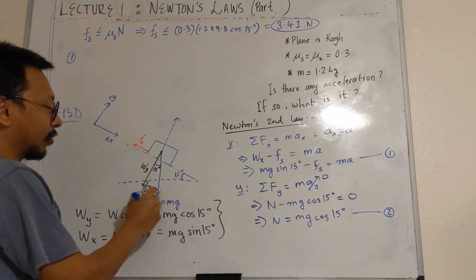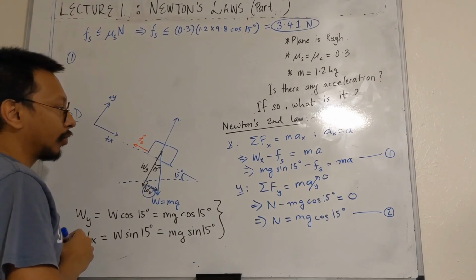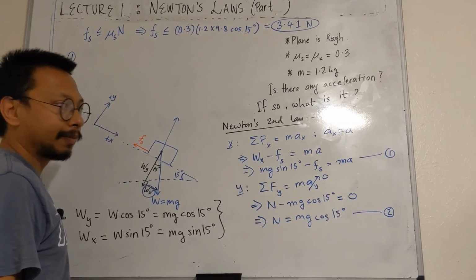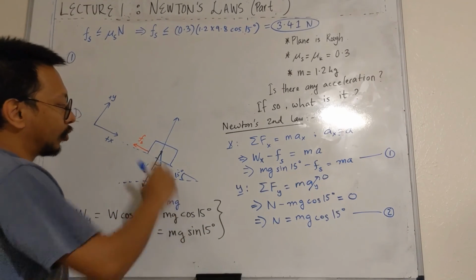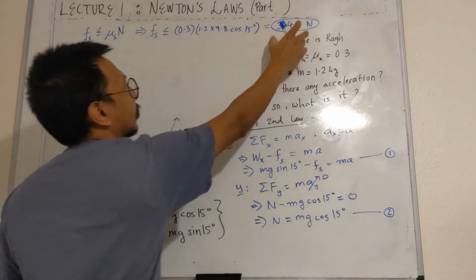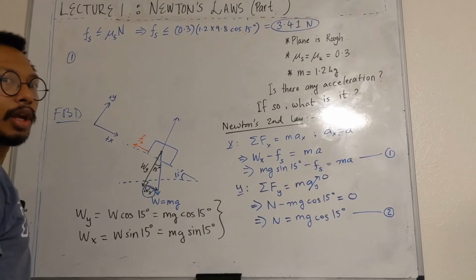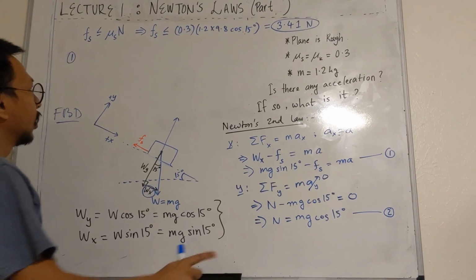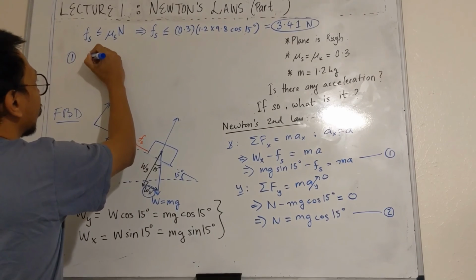Because this x component of the force is the one responsible to cause any sliding motion down along the plane. All right. So to cause sliding motion, Wx must be more than the limiting frictional value, which is 3.41 newtons for this problem. Let's see if it is so.